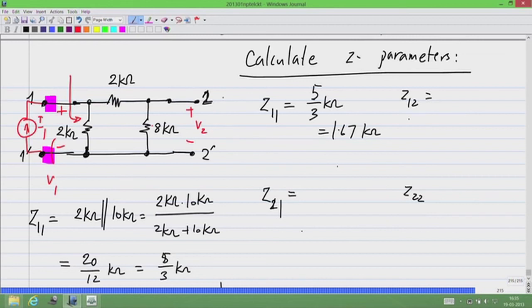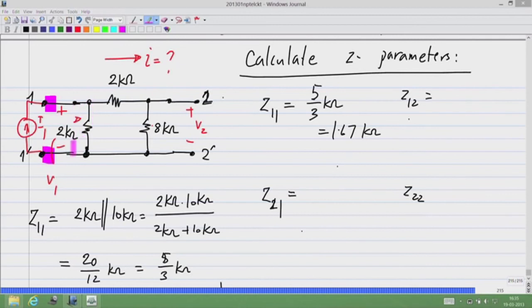Okay. To do that, first you calculate how much current flows here. If I1 is applied here, how much will be the value of I? That you can get from current division.